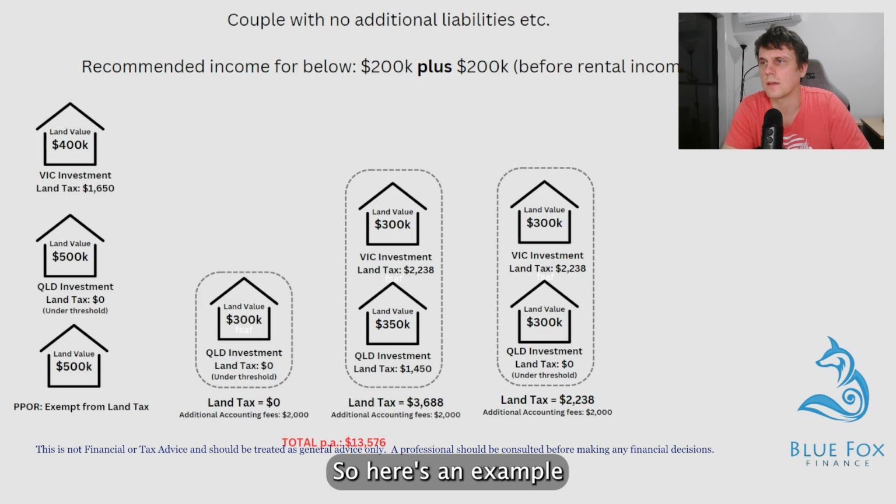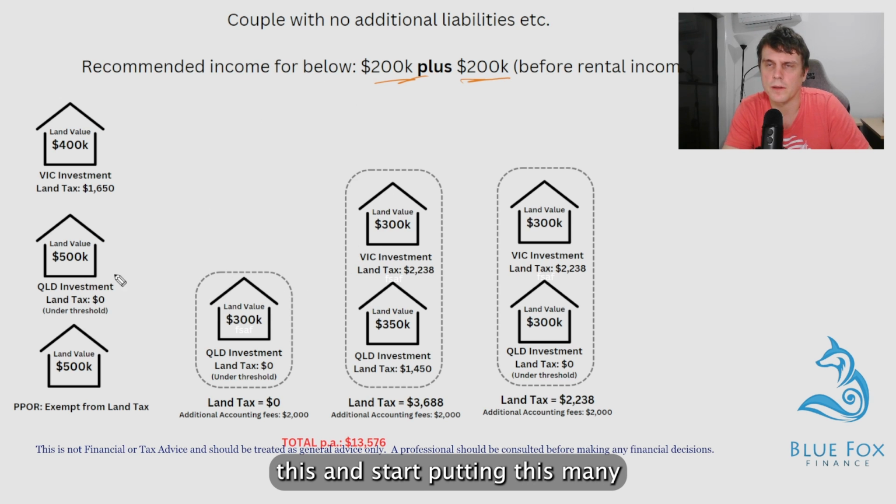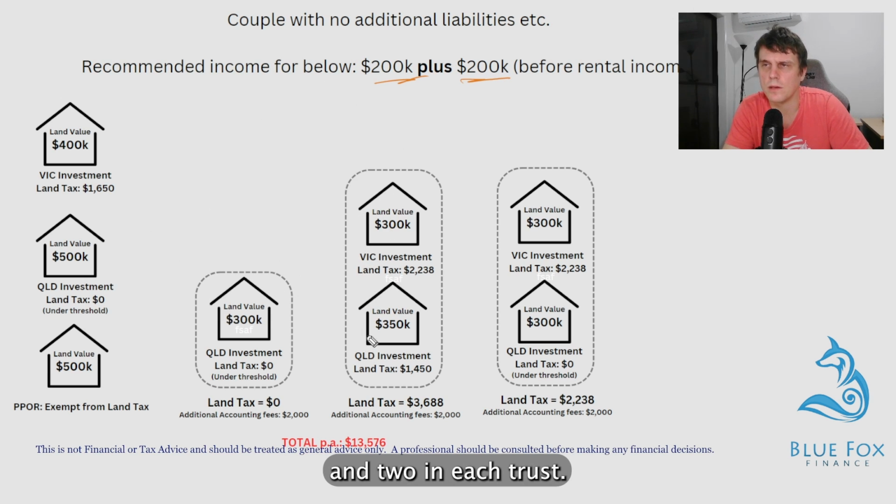So here's an example of what things could look like, or how you can get a bit tricky using trusts, but saving on accounting fees. So firstly, this couple earn quite high income, which you'd need to do this and start putting this many in your individual name and 2 in each trust. They put their principal place of residence in their own name, which makes perfect sense.